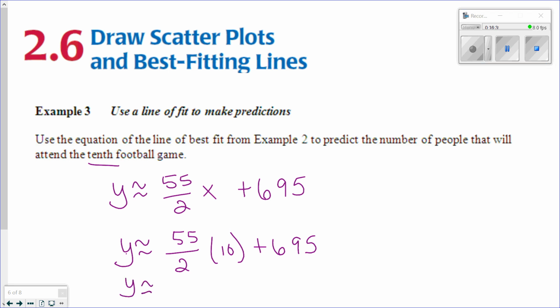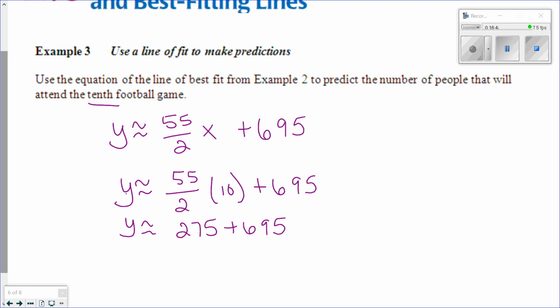So I get y approximately equals 275 plus 695. So my estimate for the number of people is 970 people will attend the 7th football game.